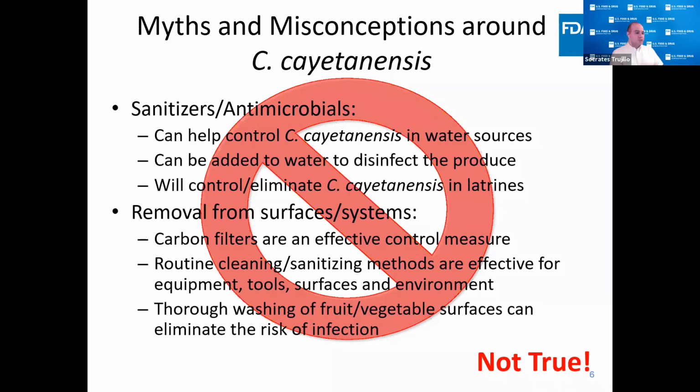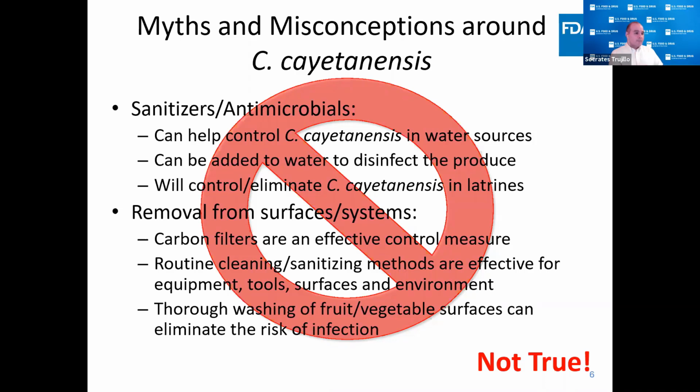Some of the information that has been circulated indicates that carbon filters are an effective control measure. We don't have the data as yet. Of course, we are doing everything we can to obtain information, working with our partners in industry and academia, but we don't have any information that carbon filters are going to help eliminate these organisms.